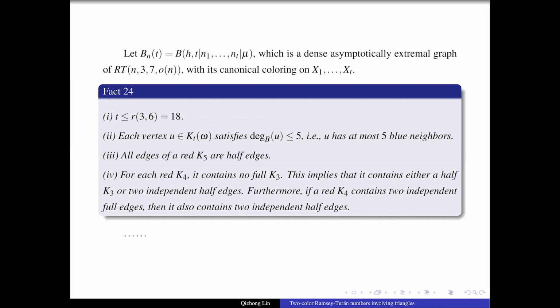So there are still many details. For example, we can see that if the generalized Balabas-Erdős graph, that is a dense asymptotically extremal graph of the corresponding Ramsey-Turán number, then T cannot be greater than 18, and many other facts.